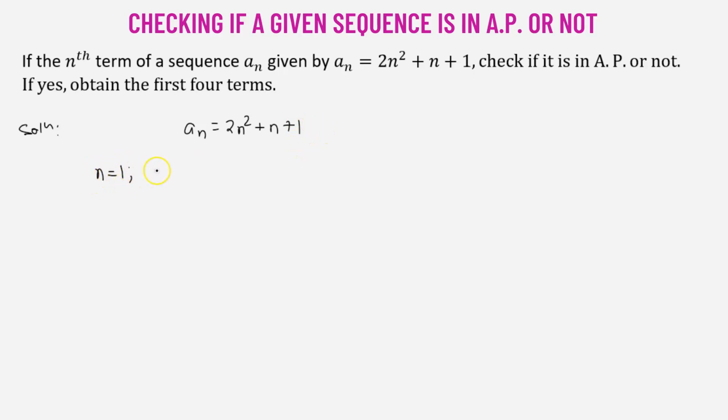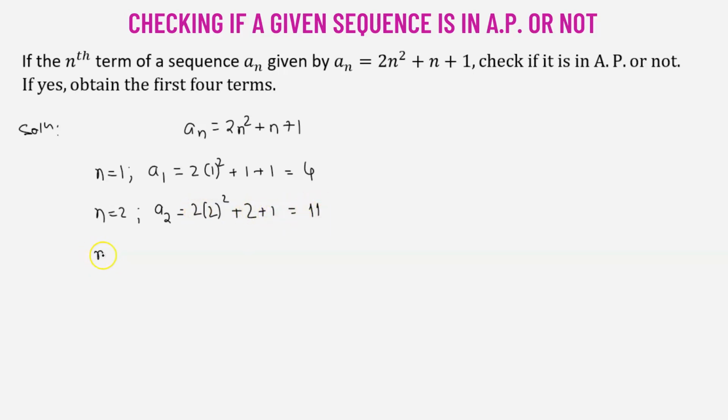For n equals 1, our first term will be a1 equals 2 times 1 squared plus 1 plus 1. So 2 plus 1 is 3, 3 plus 1 is going to give us the value 4. Our second term will be for n equals 2. So we have a2 equals 2 times 2 squared plus 2 plus 1. So 2 squared is 4, 4 times 2 is 8, 8 plus 2 is 10, 10 plus 1 is 11.